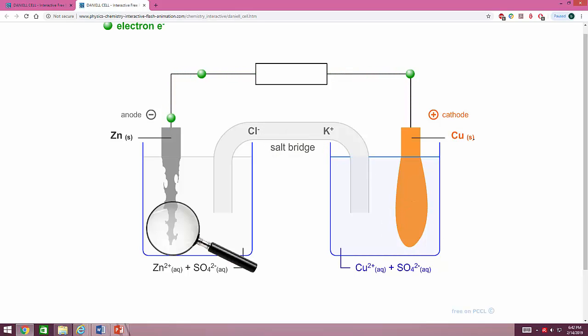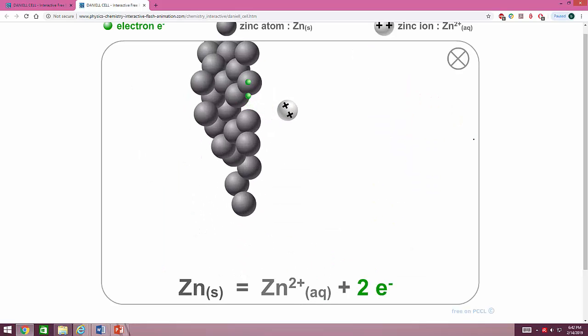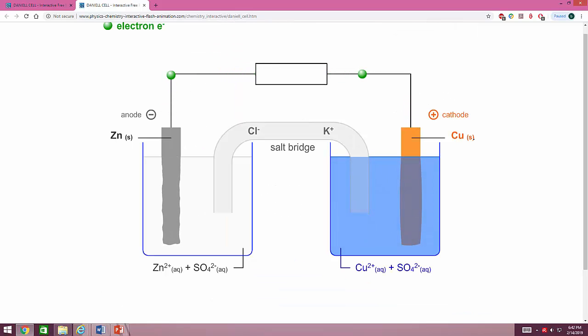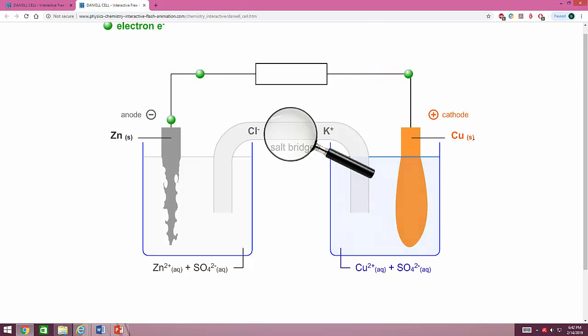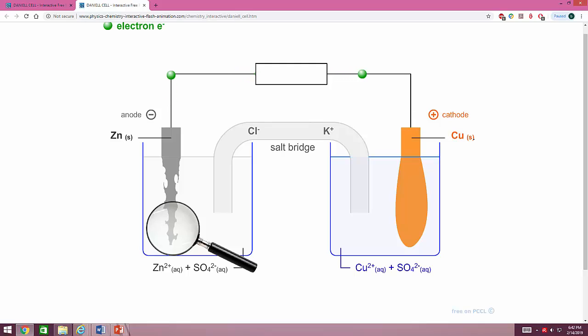So look at what's happening again if we look at the zinc. In the zinc, you're adding more positive charge to the beaker. So now I have too many positive charges on the anode side. So to help balance the overabundance of positive charge, you're going to get anions flowing to the anode. So anions, the negative, flow towards the anode. So an anode has oxidation.